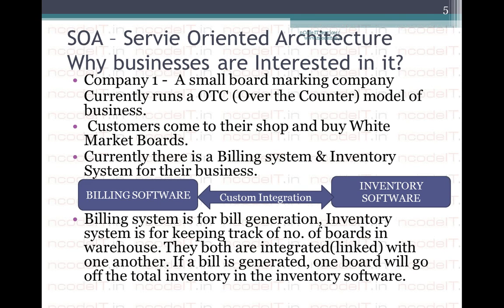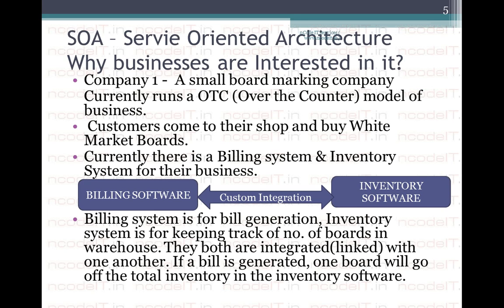You may be running really well at this point, and you have all the old loyal customers coming back to you, but there's no guarantee that they will come back to you unless you upgrade. The same customers may want to buy online tomorrow. So businesses always have this need. They really need to adapt to the market conditions. Like for example, the board maker has to adapt to an online business model now.